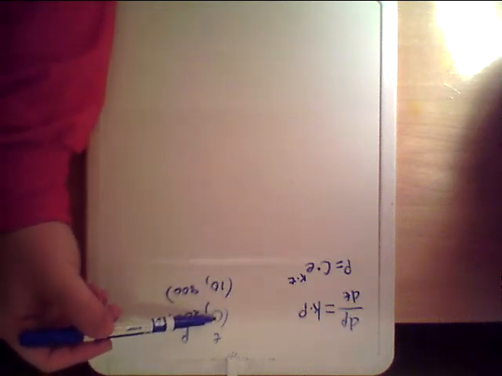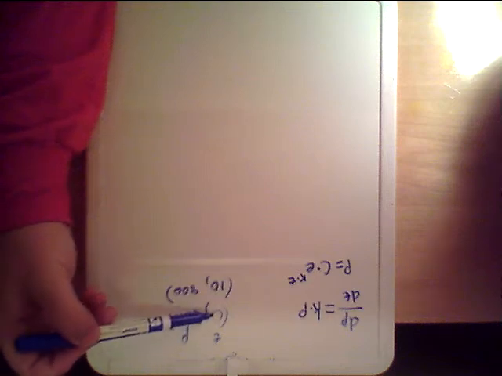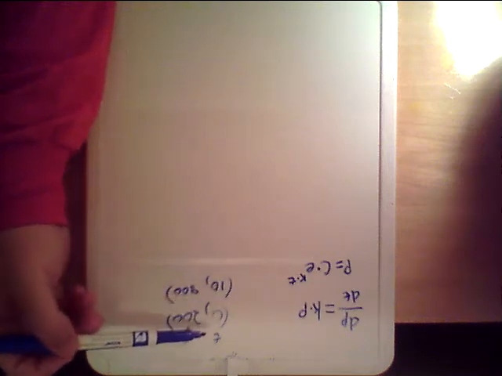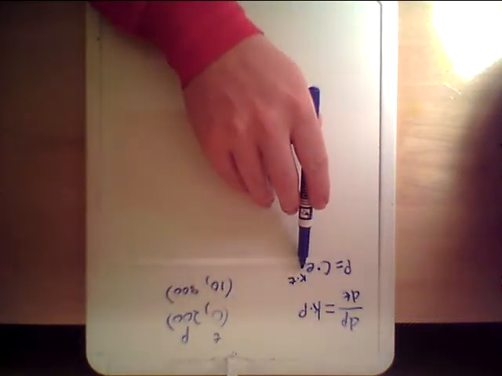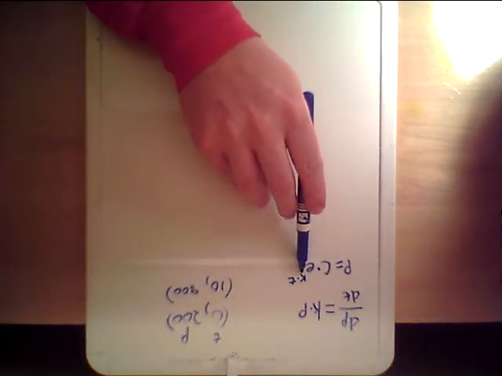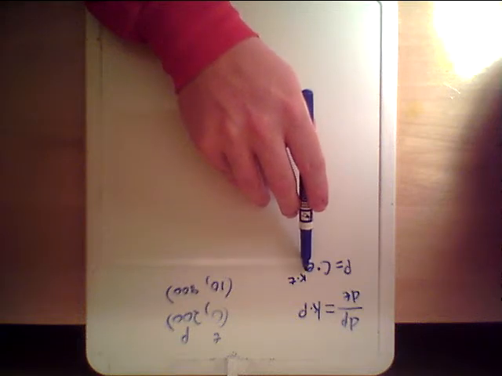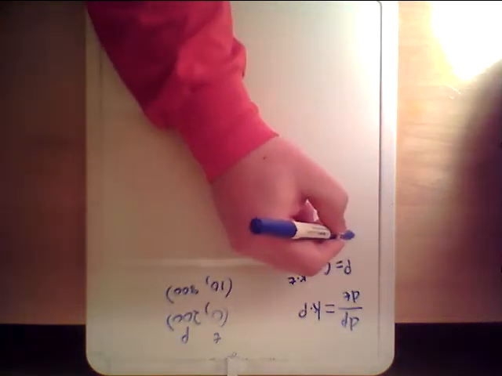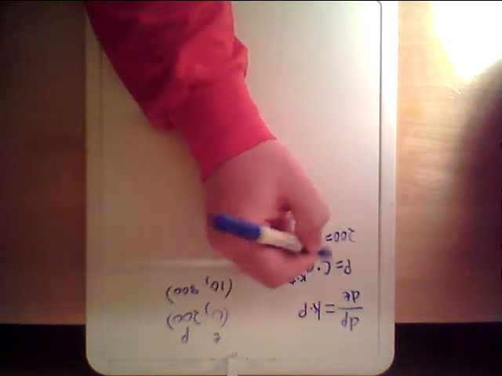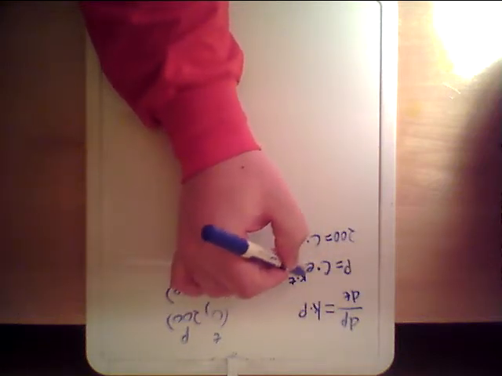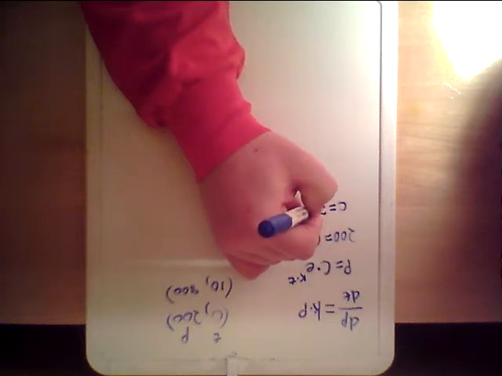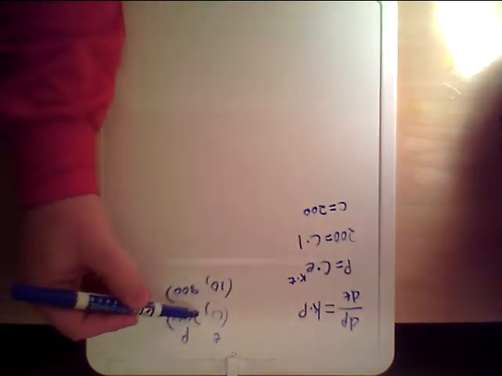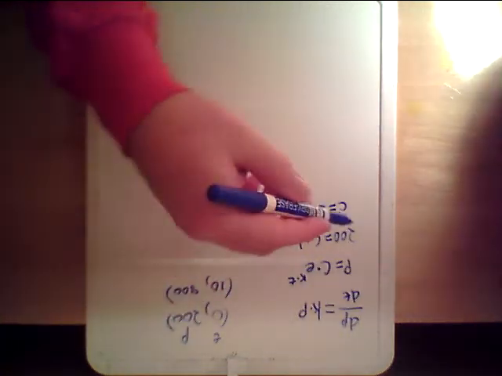Like I said, we'll always have an initial condition of 0, and I'll have an exemplar on how to solve an equation where you don't have an initial condition of 0, but for now we're just going to do that. So time equals 0, so we plug a 0 in for this T. That's going to wipe all of this out, and then our P would end up being 200. So we get 200 equals C times, well, e to the K times 0 would just be 1. So C equals 200, which we already knew because this initial population was 200, but that's how you solve that.